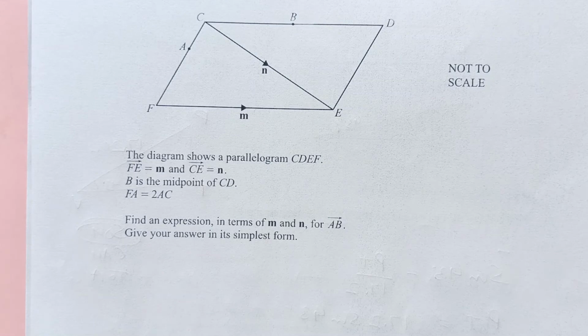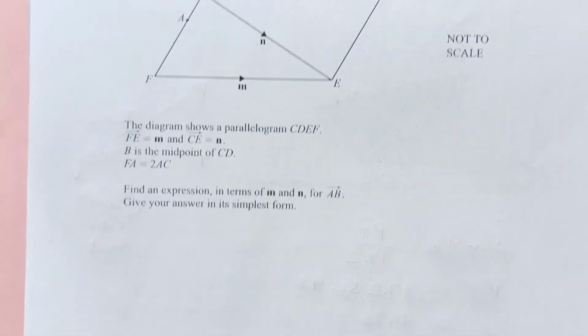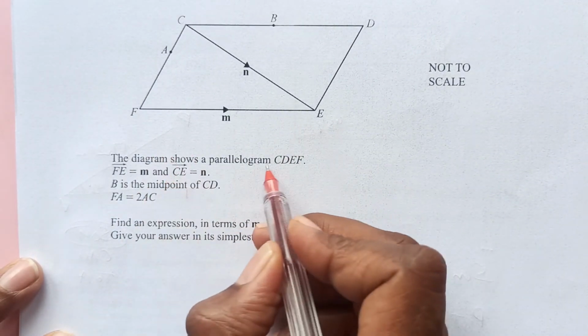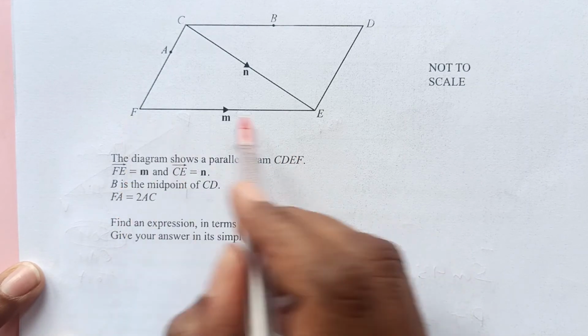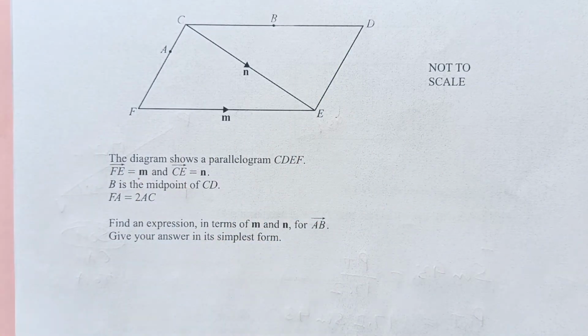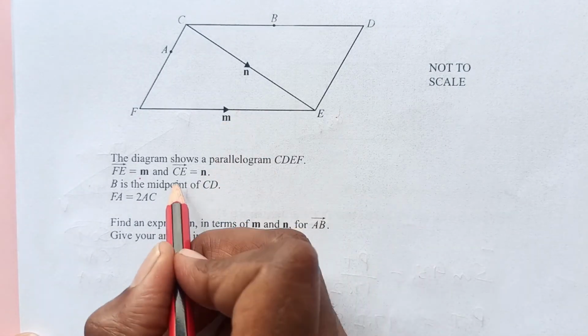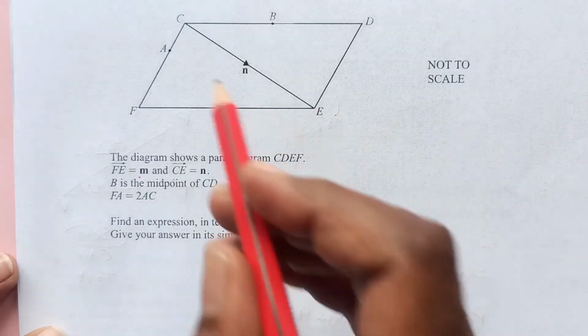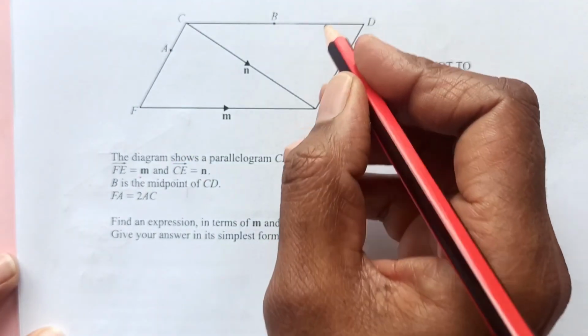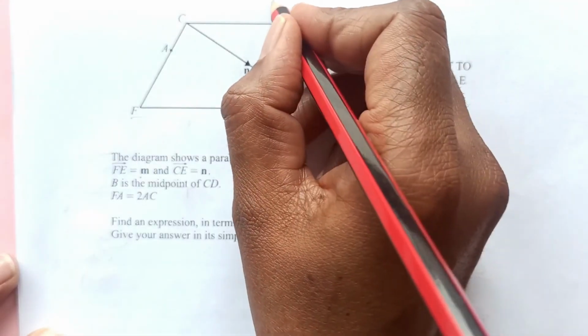Number 23, this is the last question of this paper. We have here, this will take a bit of time. Actually, it is a 5 marks question, 3 and 2. So we have these vectors. The diagram shows parallelogram CDEF. EF is m. CE is n. B is the midpoint of CD, so that means if this whole is m, this is going to be m over 2, right?